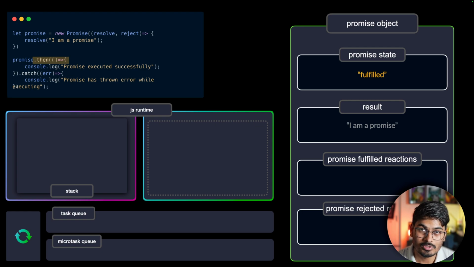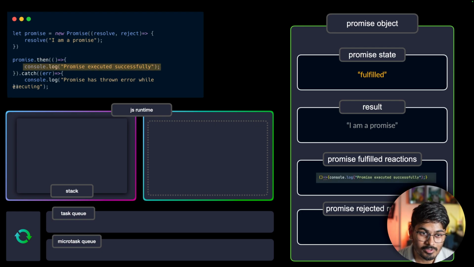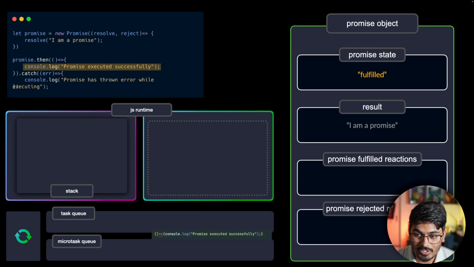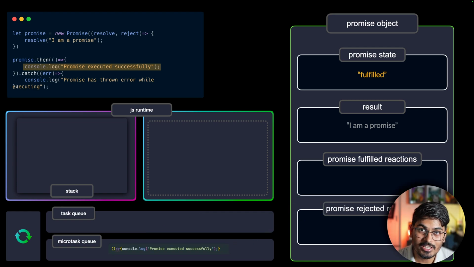Then we will use chaining, and if it is resolved successfully, then we will run this callback, which is console.log promise executed successfully. And this function callback will be made as promise fulfillment reaction job task and will be pushed to the promise fulfillment reactions array. Now this promise reaction array is strictly coupled with the microtask queue, right?